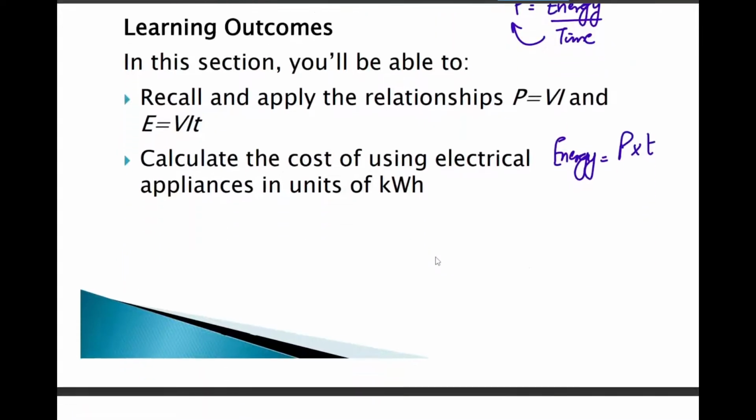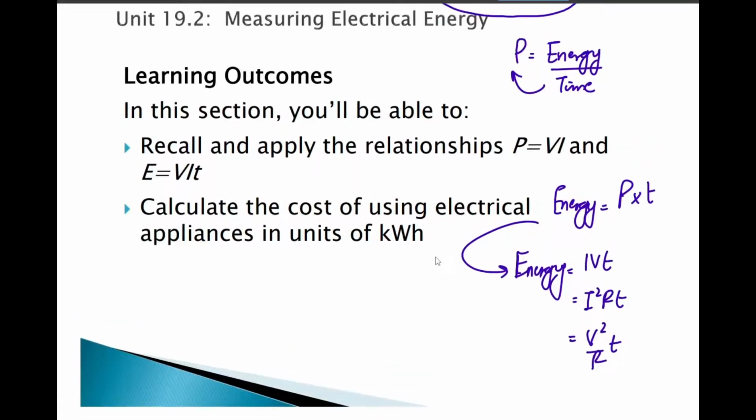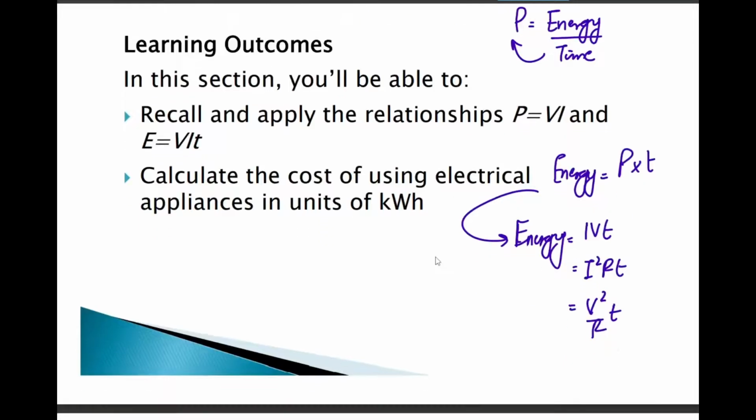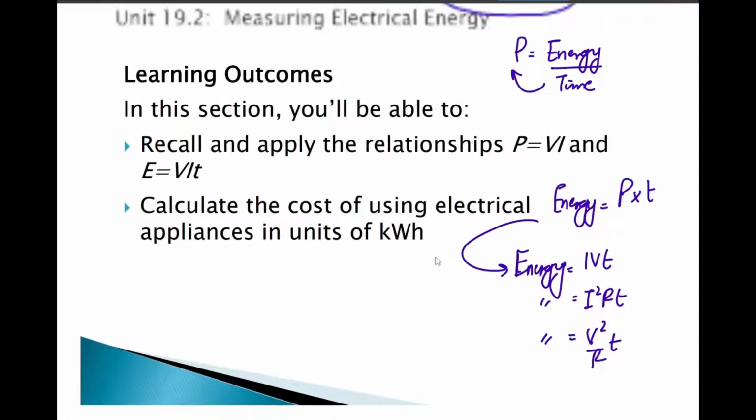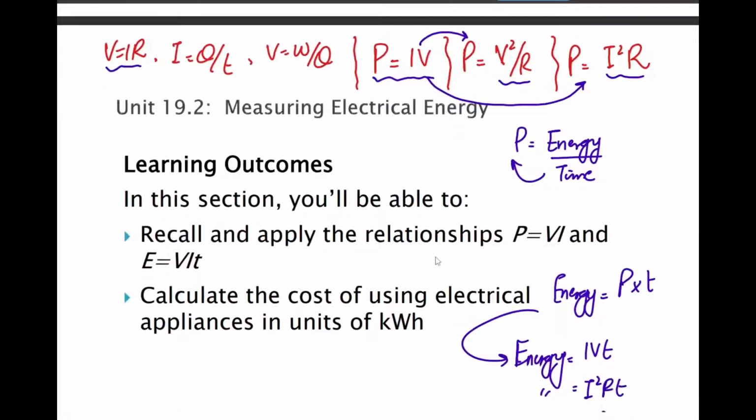I can simply replace them and get multiple equations for the electrical energy that my appliance may use when we're operating it, be that an air conditioner, a laptop, or anything. So it becomes IVT, I square RT, and V square over R multiplied by T. Any issues in the formulation of these equations?